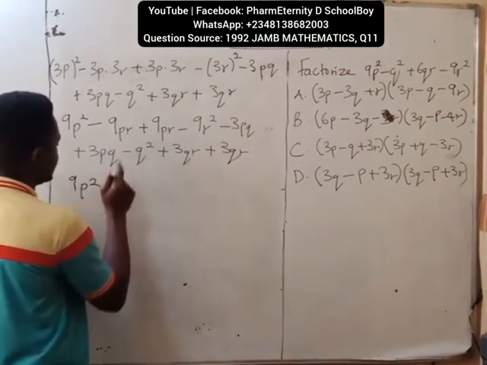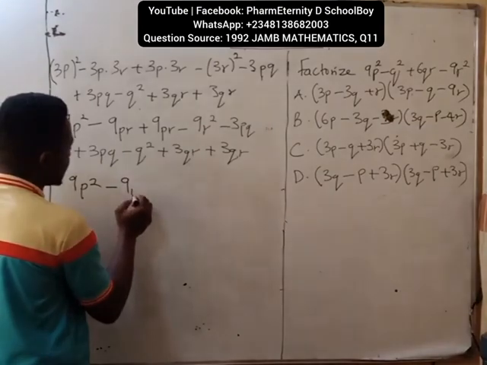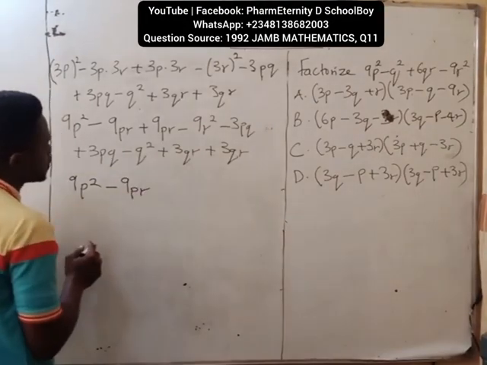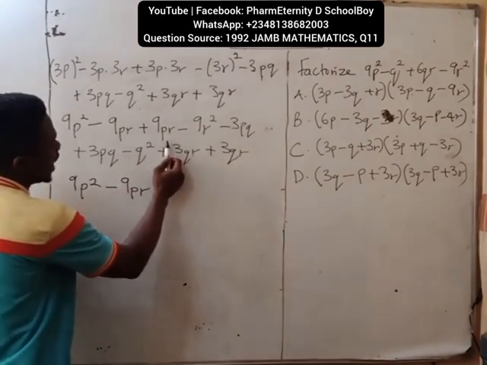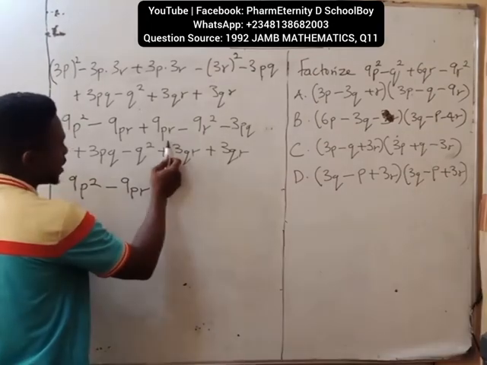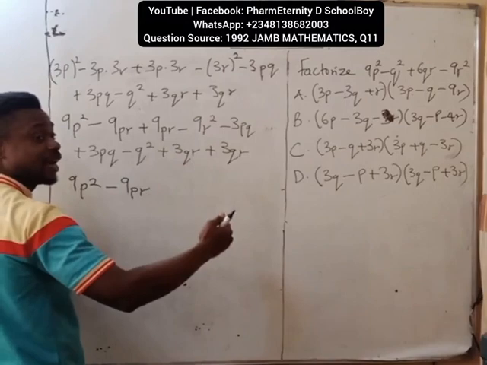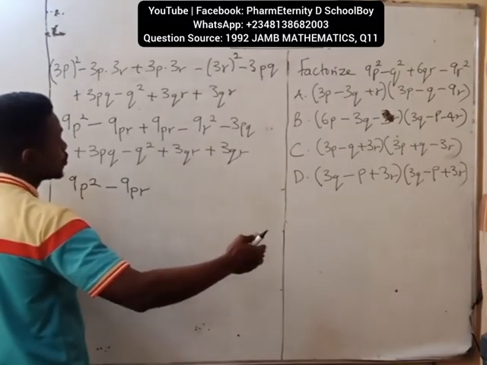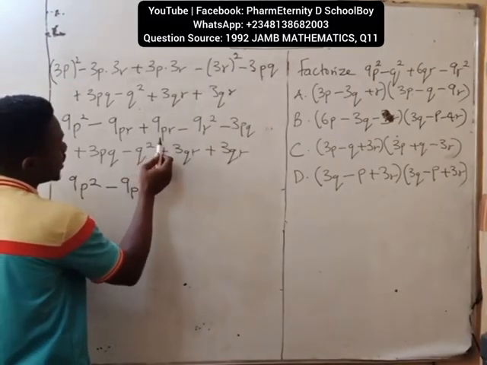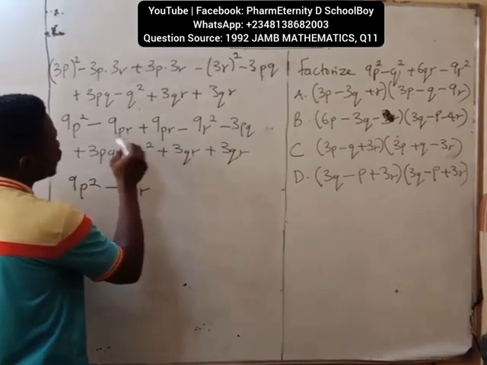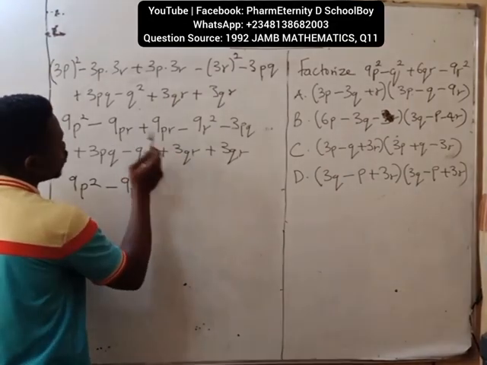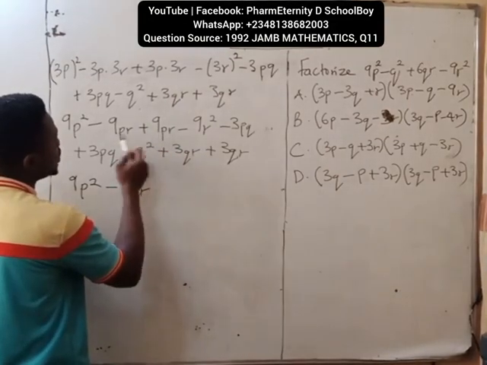Okay, we have 9PR minus 9PR. So we have 9PR here again, plus 9PR. Remember, we got this from difference of two squares. So if you put this here, it will not make sense because it is just the opposite of this.